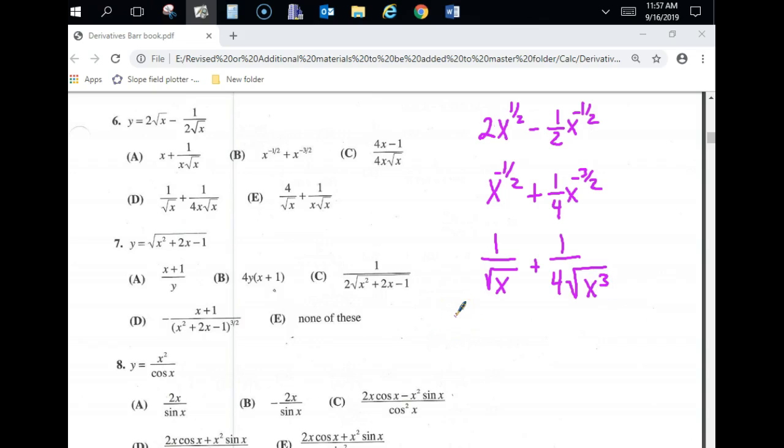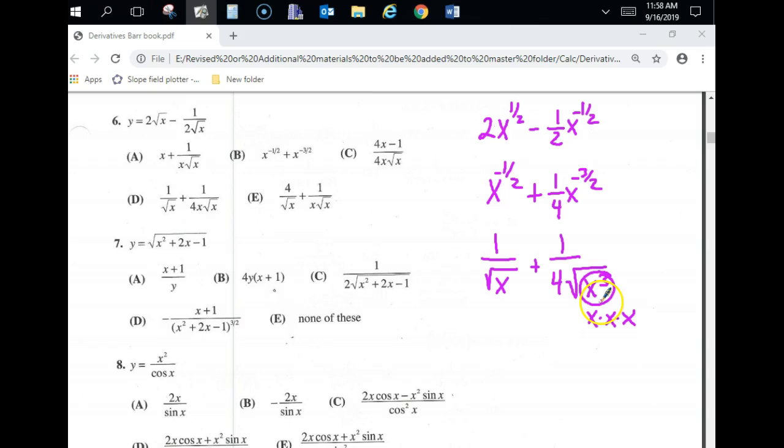And here's where things get a little bit different, because that answer, as you can see, is not here, and yet it is. The reason why it's there is because they're simplifying even more. You see how that's x cubed, and this is actually not uncommon. You sometimes can get an answer, but you need to simplify it more to get the right answer.